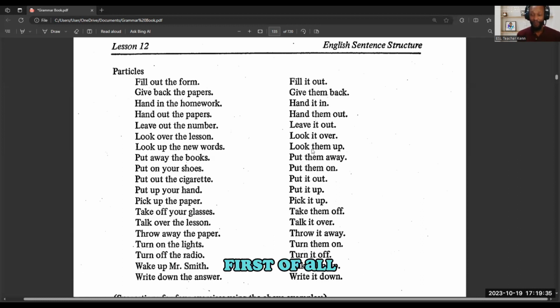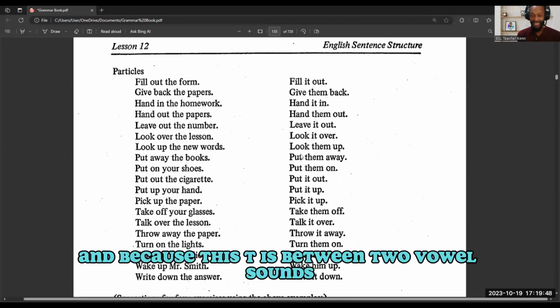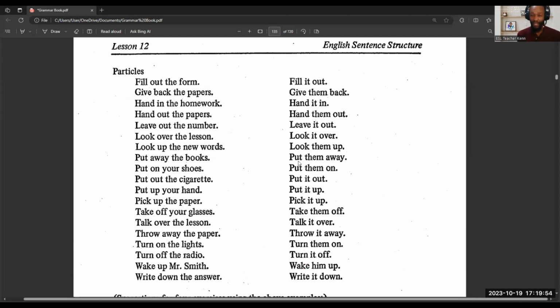First of all, we don't pronounce this TH. It becomes, sorry, this TH. So we say 'em. And because this T is between two vowel sounds, you have to say put 'em. So let's repeat those two.